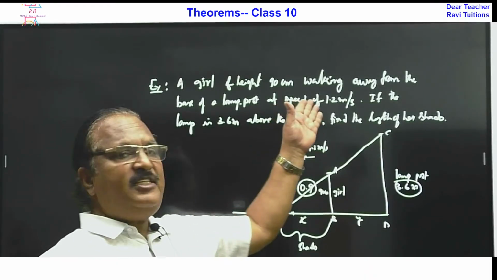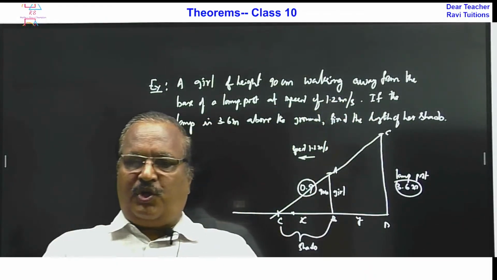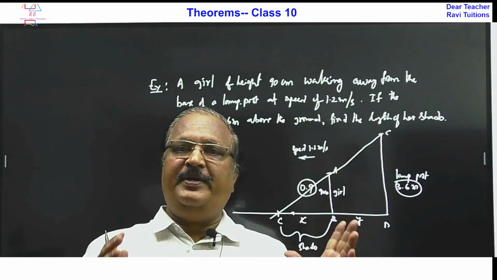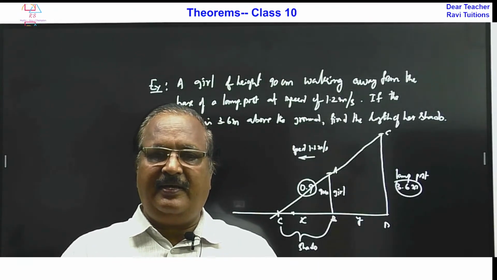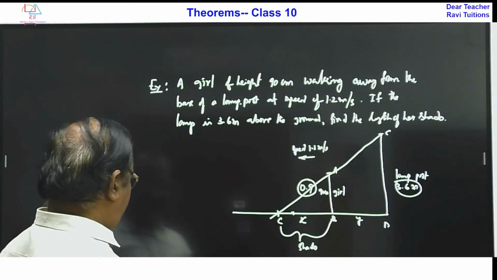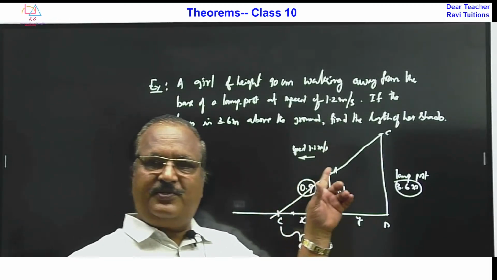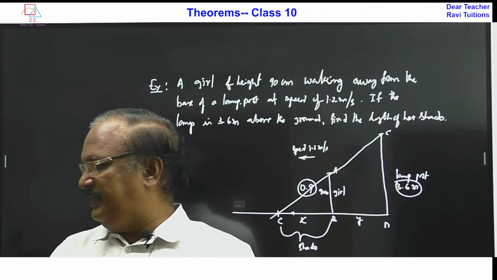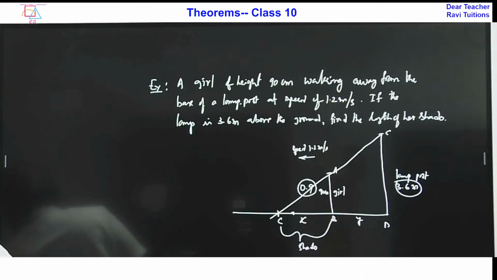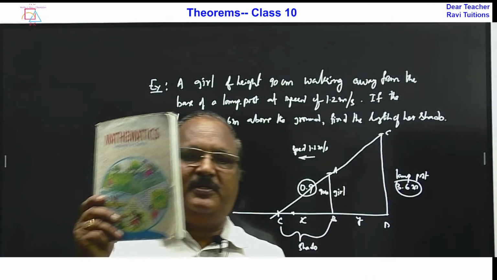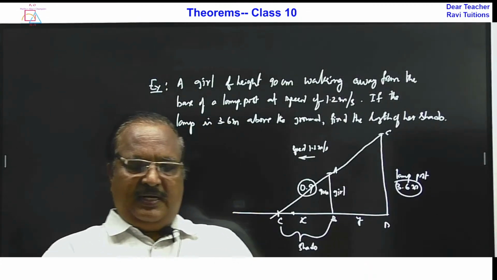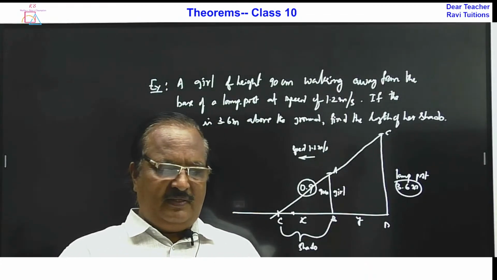So for such problems, drawing the diagram is very important. Now let me give you such problems also. I want you to do it. I will just give you one question from the NCERT textbook also. I will just remind you of one question.